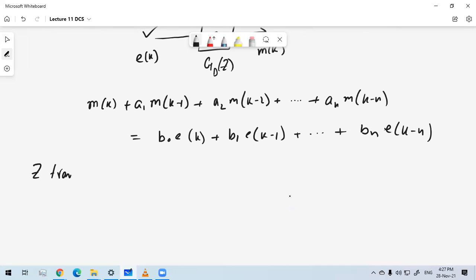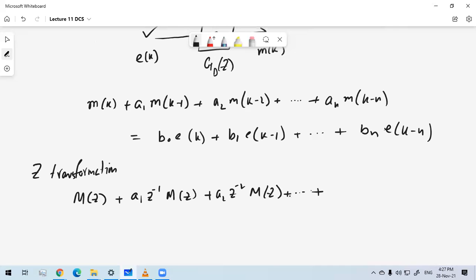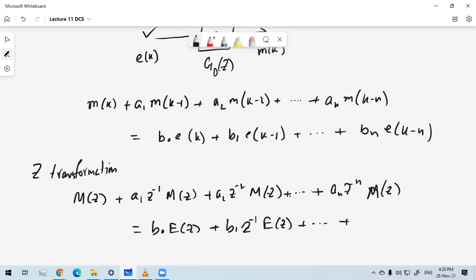The Z transformation leads us to M(z) plus a1 z to the power minus 1 M(z), since the delay is by one sample, plus a2 z to the power minus 2 M(z), and it goes up to an z to the power minus n M(z), equal to b0 E(z) plus b1 z to the power minus 1 E(z), and so on up to bn z to the power minus n E(z).